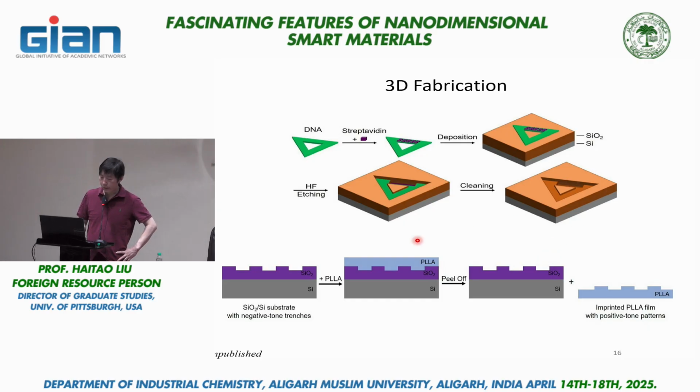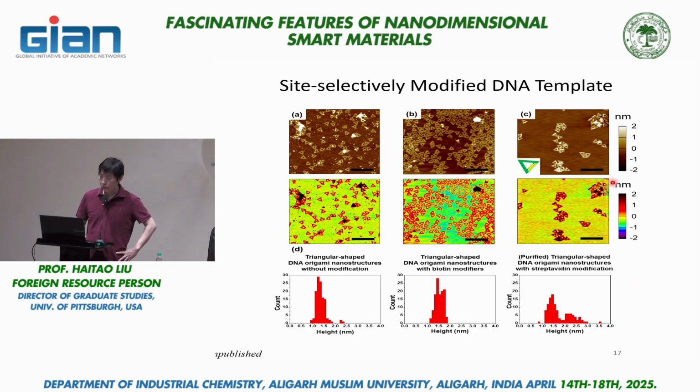And to characterize this, we end up having to use a polymer replication process because the trenches are actually too deep for the AFM tip to probe the bottom. Some of the images I show are actually the replicated polymer substrate. And this shows you the general picture here, and I want to highlight this one. This is the triangle-shaped DNA structure, but with one side of it modified with proteins.